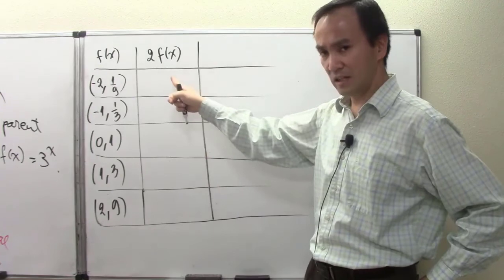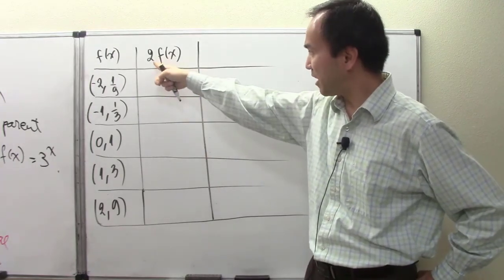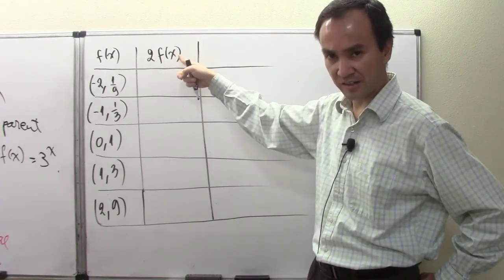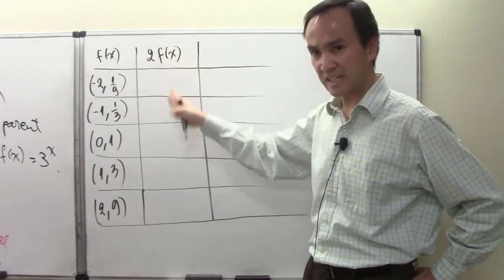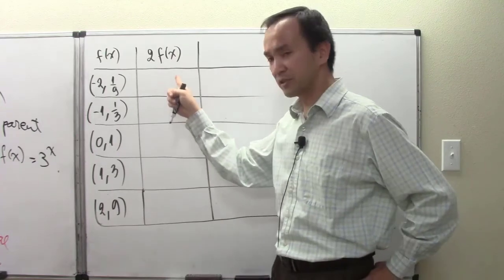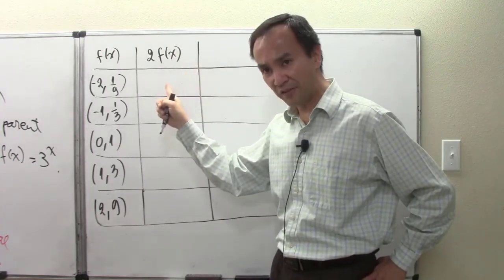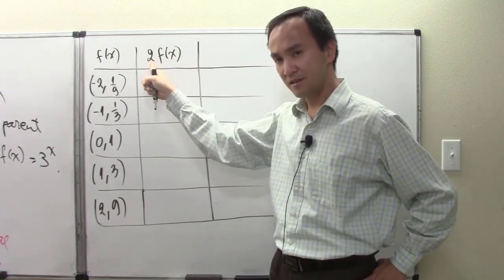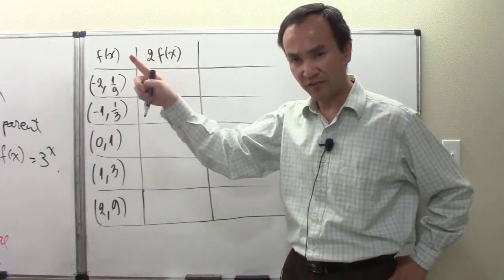Multiplying a coefficient to the front of the function, for the vertical scaling, all we do is multiply every y value by that coefficient.